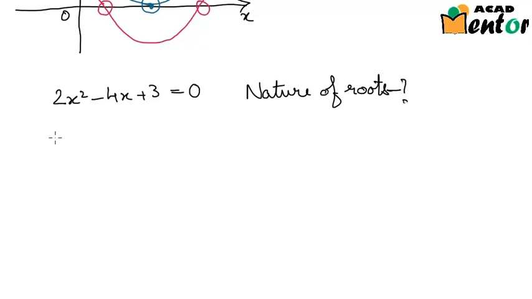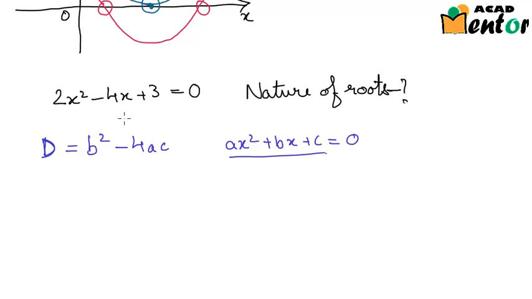The first step always is to find out the discriminant, or capital D. That is equal to b² - 4ac for the equation ax² + bx + c = 0. Comparing with the given equation, we see that b = -4, a = 2, and c = 3.